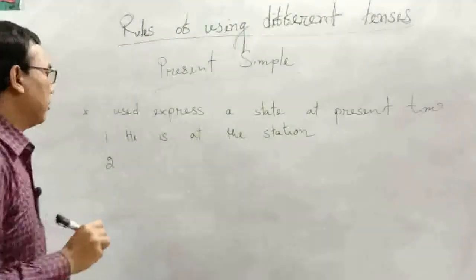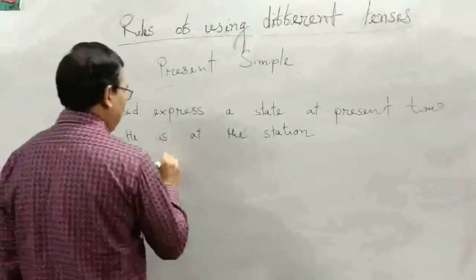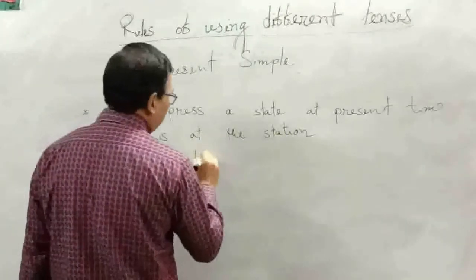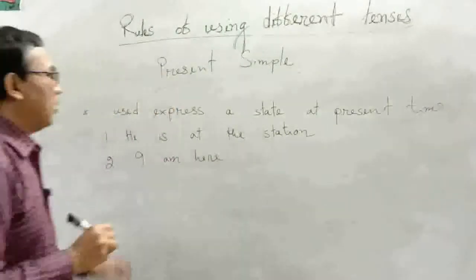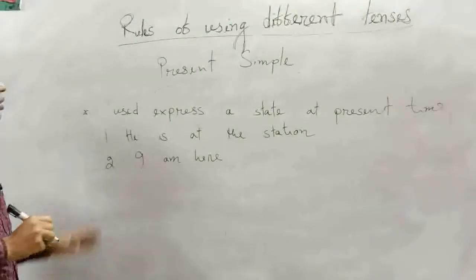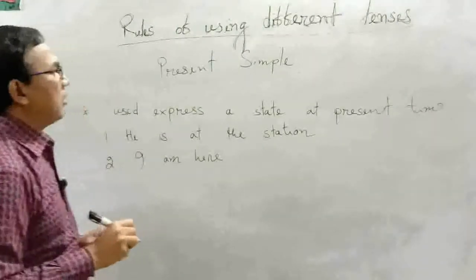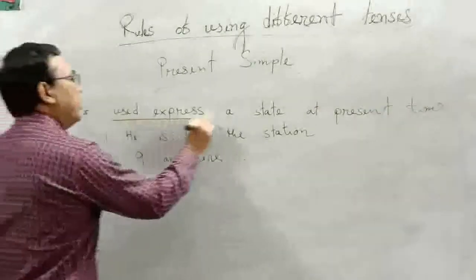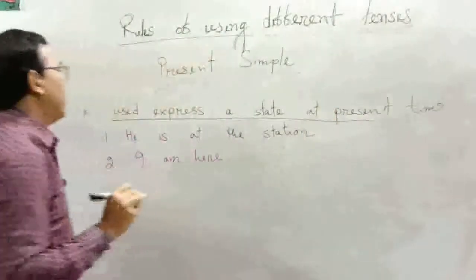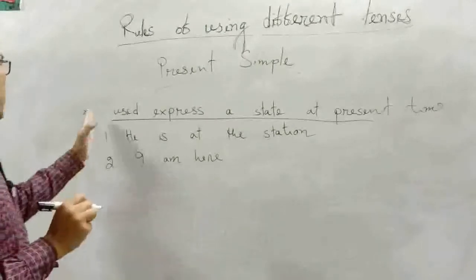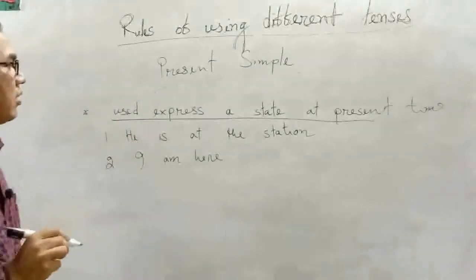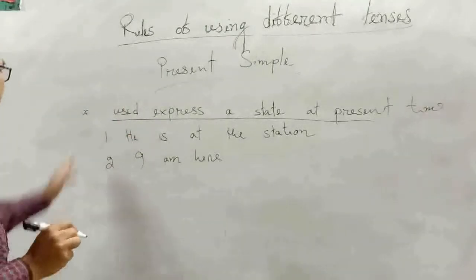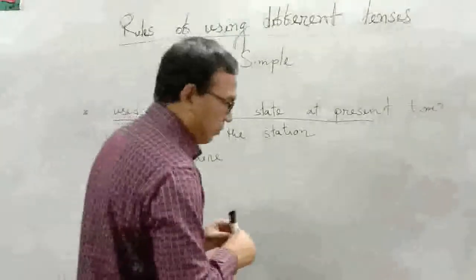Number 2, I am here. So another rule here: present simple is used to express a state at present time, and here you find 2 examples.